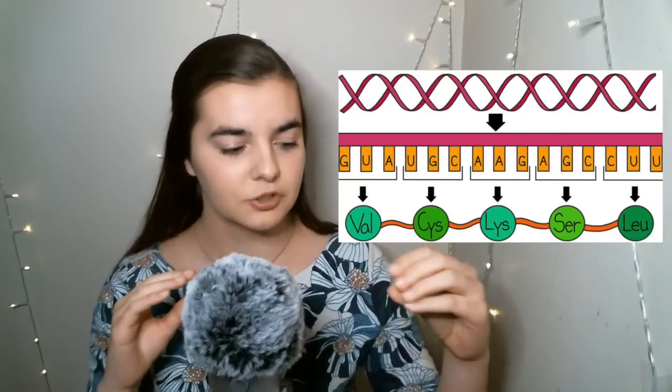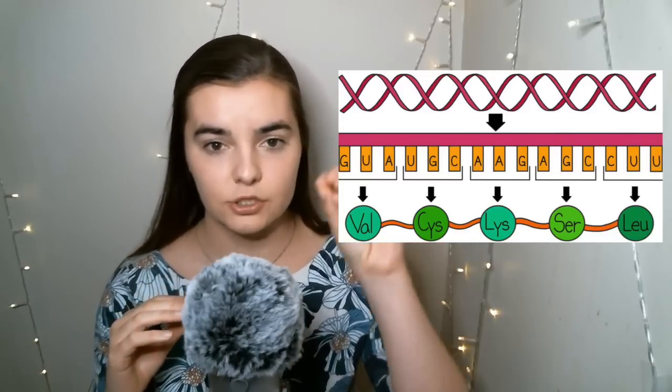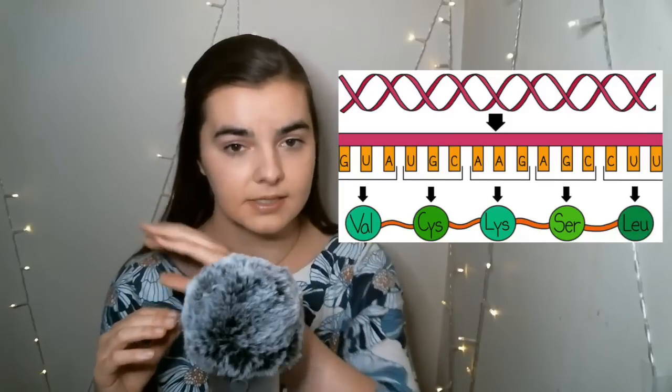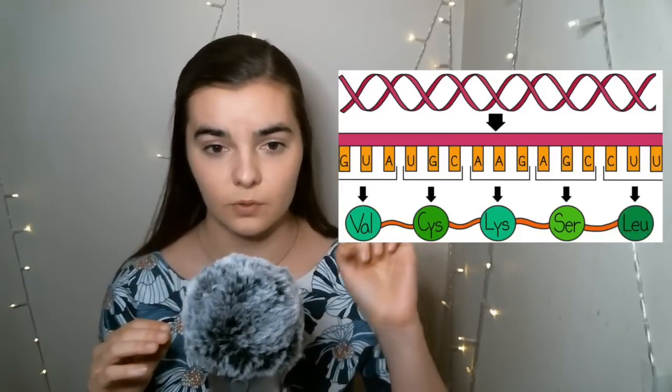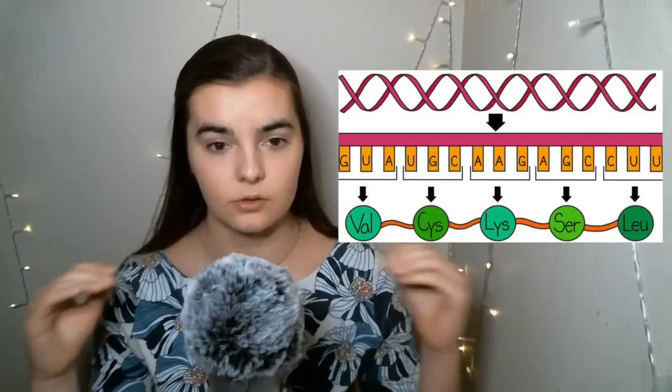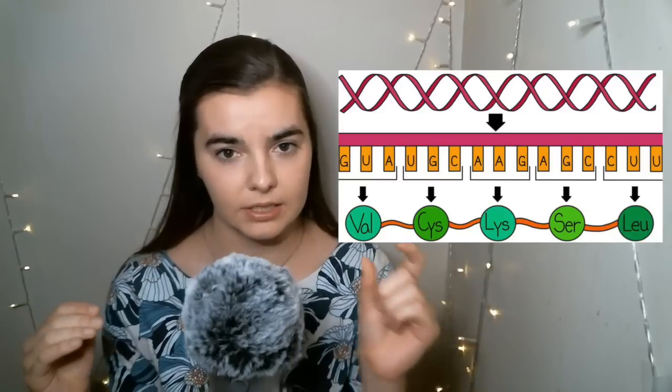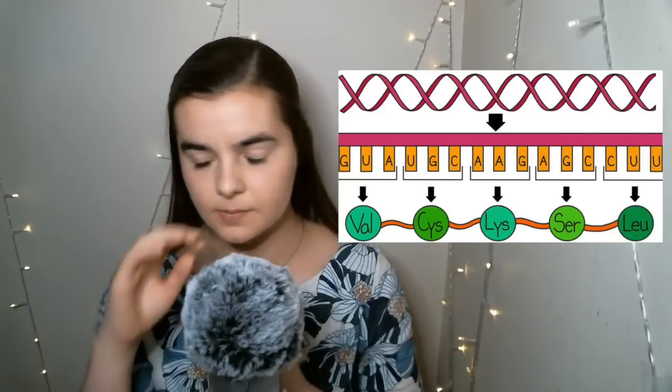So each protein is going to be a string of amino acids that are each coded for by that DNA sequence, by each 3 nucleotides. And when you have just the slightest mutation, like changing a T to a C or whatever, it's going to code for a different amino acid.